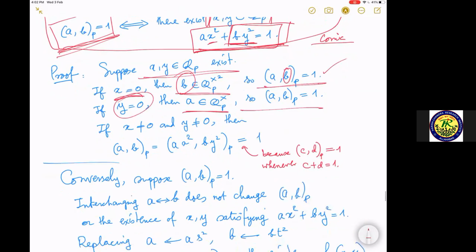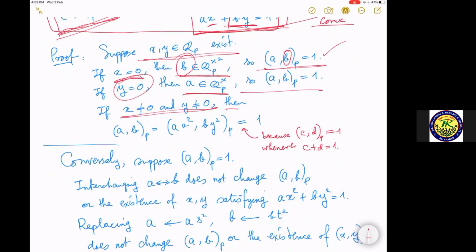If both x and y are non-zero, then what happens? Then in (a,b)_p, I can multiply a and b by squares. So I multiply by x squared here and y squared here. So (a,b)_p is going to be (ax squared, by squared)_p. But that's equal to 1, because whenever I have c plus d equal to 1, I have (c,d)_p equal to 1.